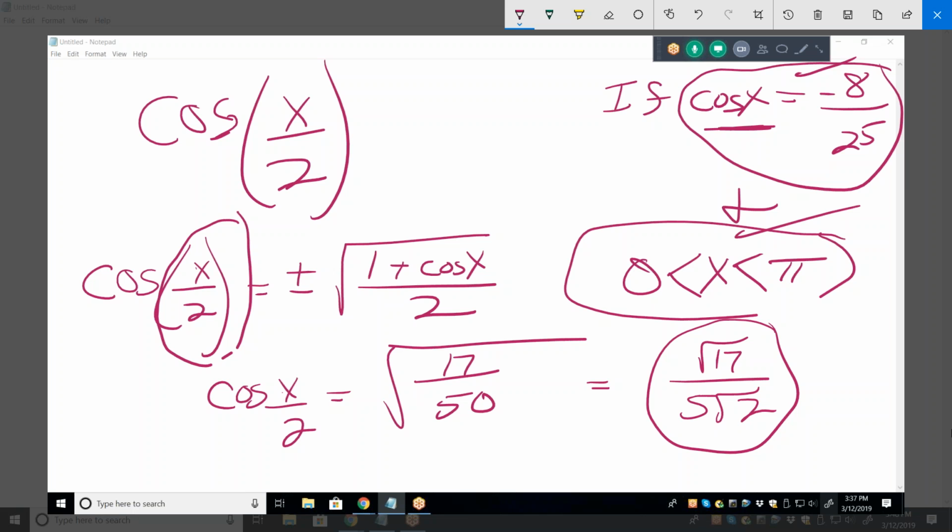So let's rationalize this just for the heck of it. How do I rationalize that? What am I going to do? I'm going to multiply top and bottom by what? Okay, so that's root 34, and that's 10, correct?